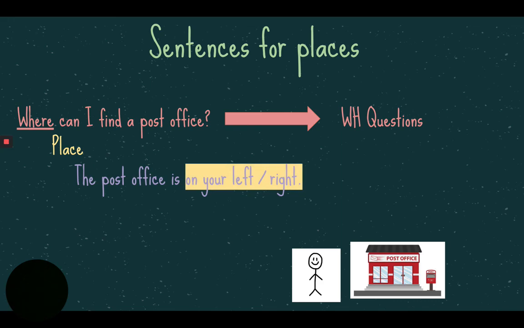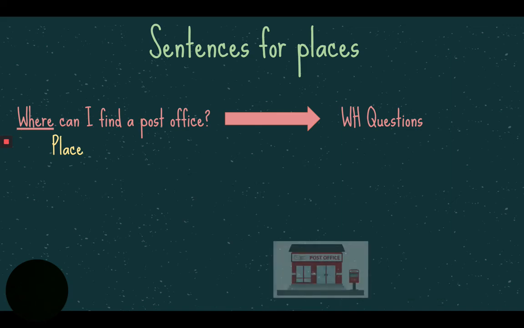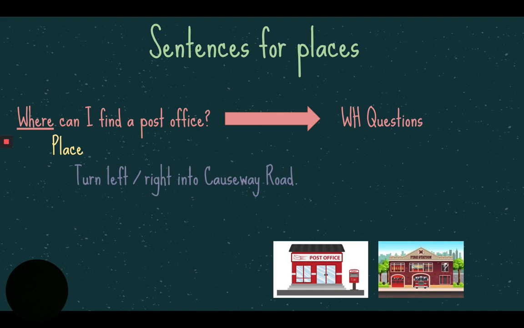So you can say, the post office is on your left, or the post office is on your right. Or you can also say, turn left into Causeway Road, or turn right into Causeway Road. These are just a few types of sentence structure that we use when we talk about places and when we're asking for directional help.